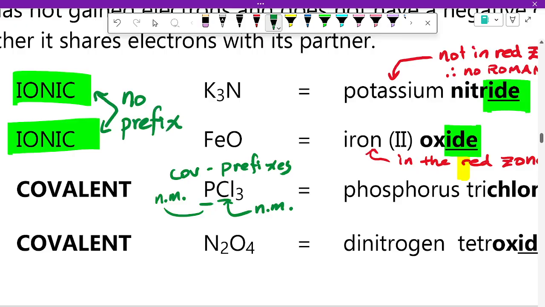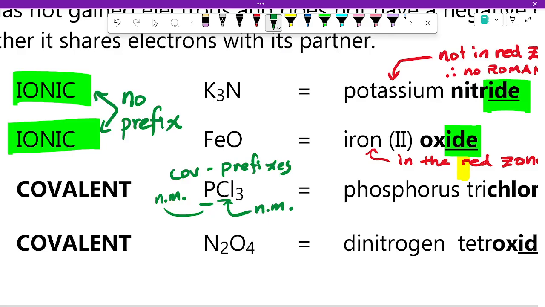So the moment you have a metal, no prefixes. If you have a metal, are there prefixes? No. Because if the compound is ionic, it has a metal.